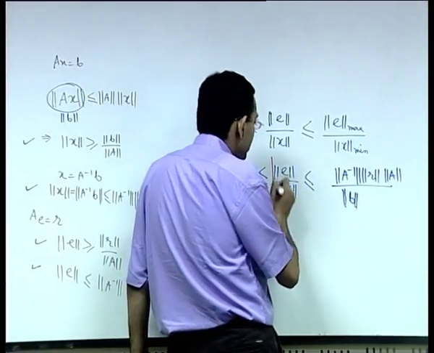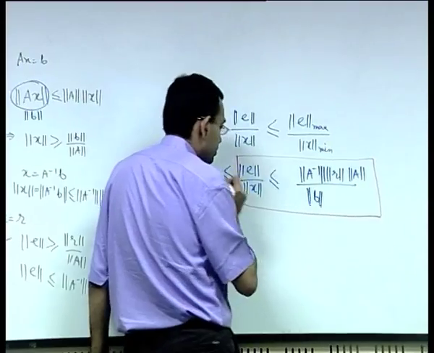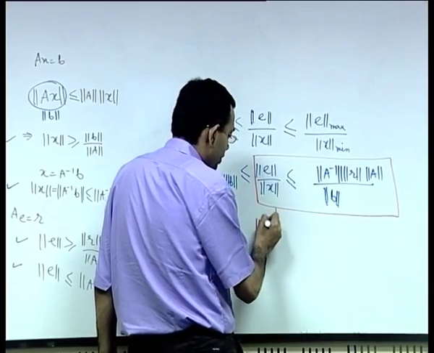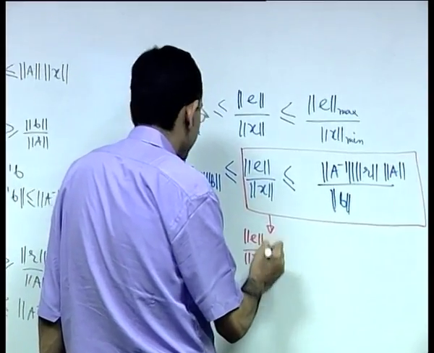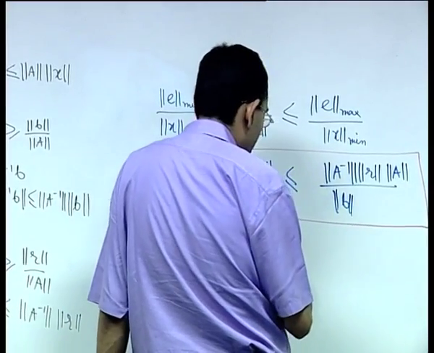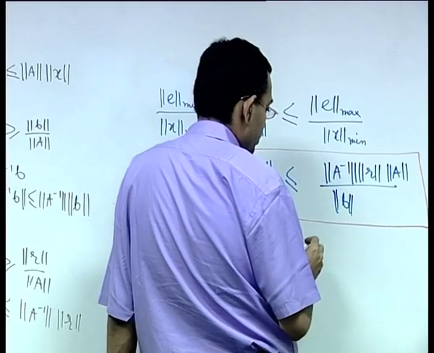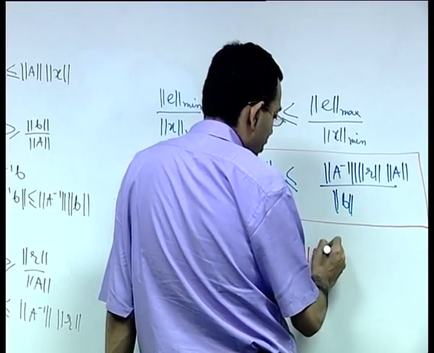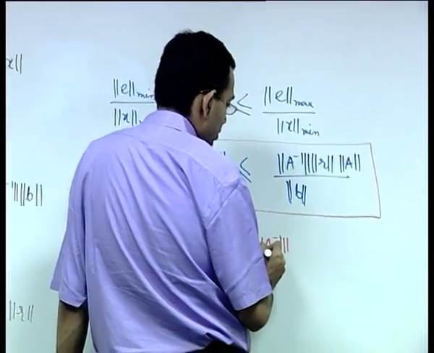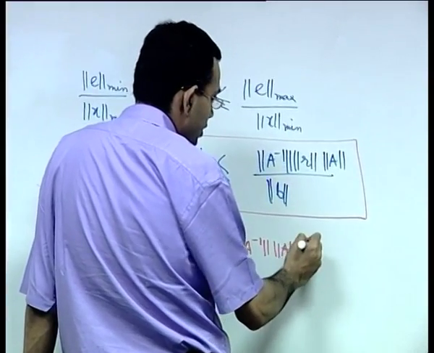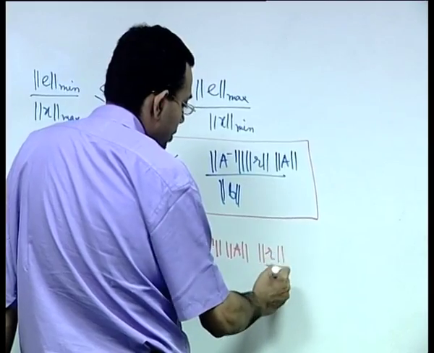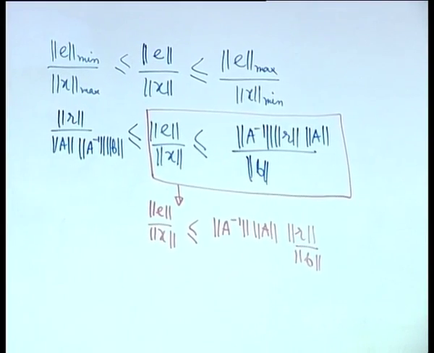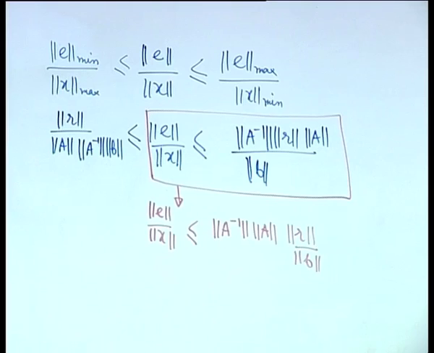So, now we will focus on this inequality. What we can see is the relative error norm of E by norm of x is less than or equal to norm of A inverse into norm of A into norm of R by norm of B. What can we conclude from here?